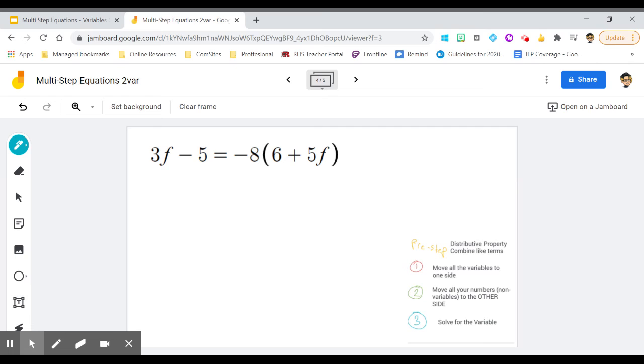So, first step, we're going to use that distributive property again, because I see those parentheses. I'm going to take this negative 8, negative and all, and distribute it. I'm going to get 3f minus 5. Let's bring that up a little higher, because I've been running out of room.